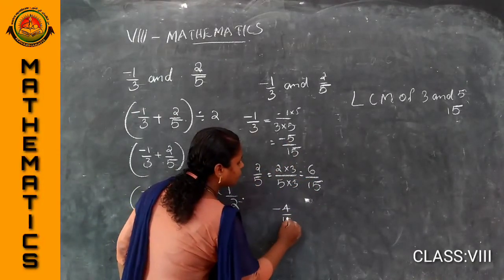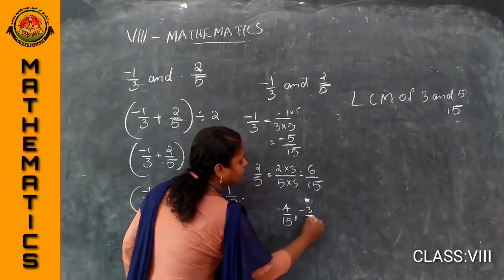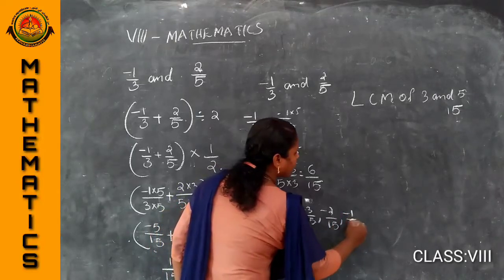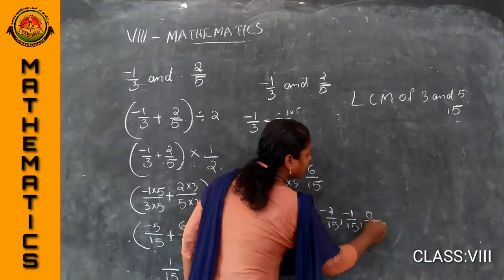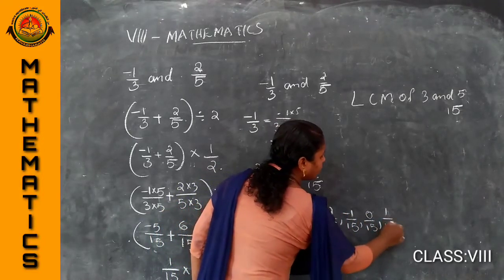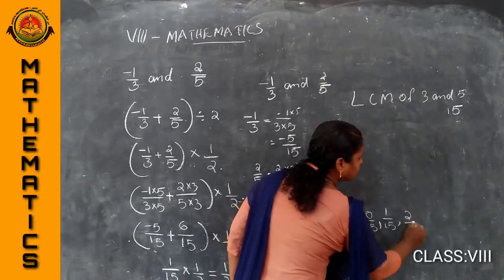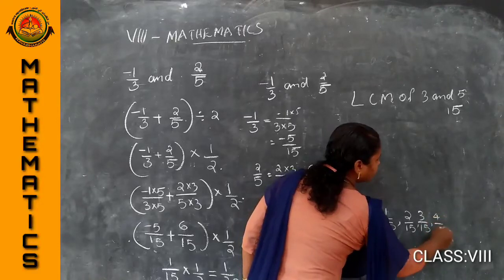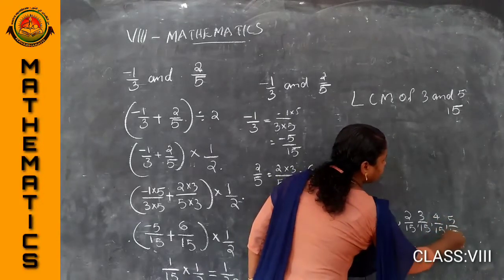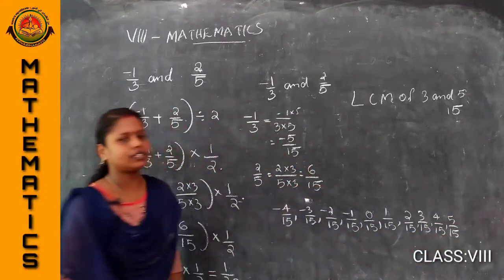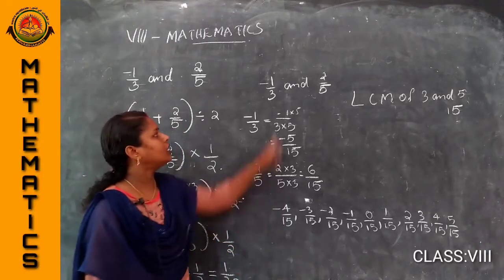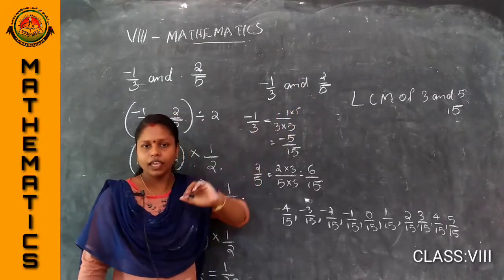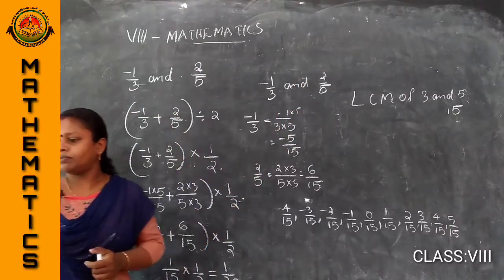Negative 4 by 15, negative 3 by 15, negative 2 by 15, negative 1 by 15, 0 by 15, 1 by 15, 2 by 15, 3 by 15, 4 by 15, 5 by 15. All these rational numbers are in between negative 1 by 3 and 2 by 5.